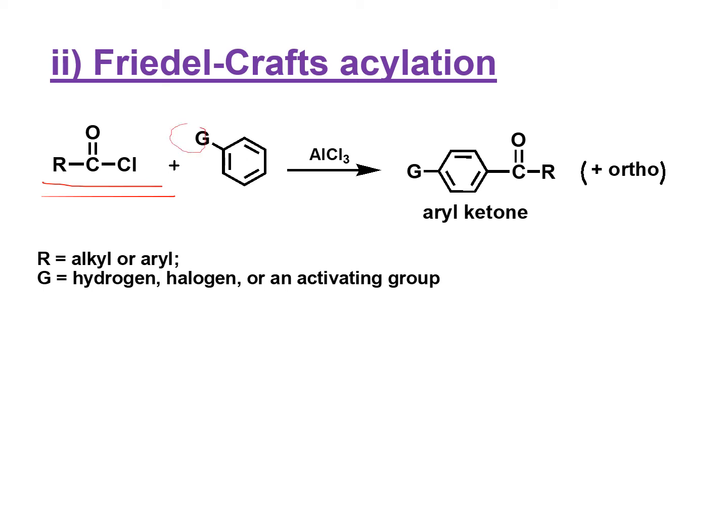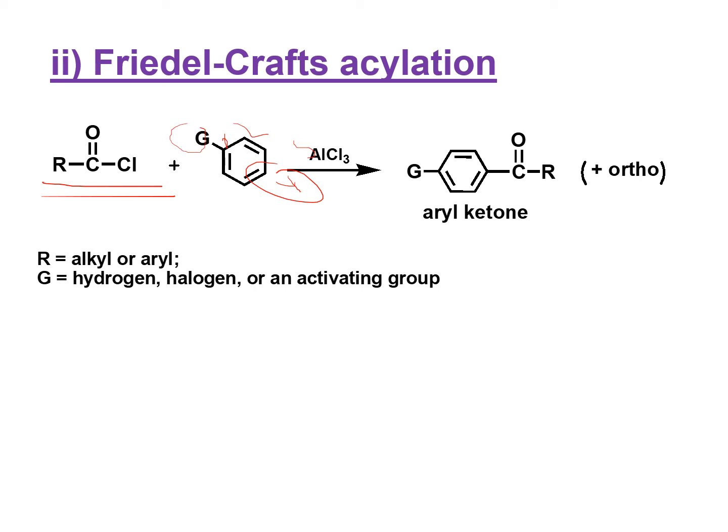If G is hydrogen, halogen, or an activating group, what is going to happen? The acyl group will substitute at carbon number 4 or carbon number 2. We number starting from G as carbon number 1, 2, 3, 4. It depends on the type of G.